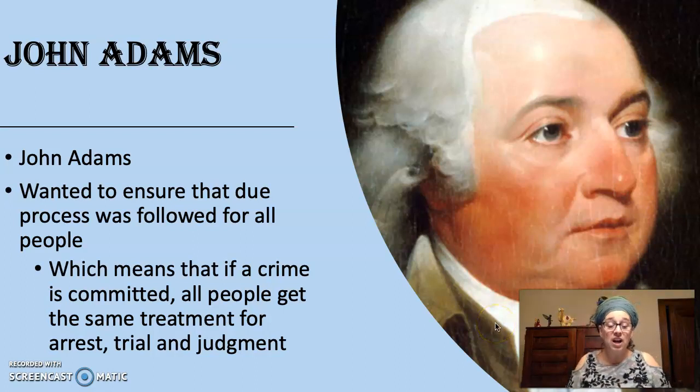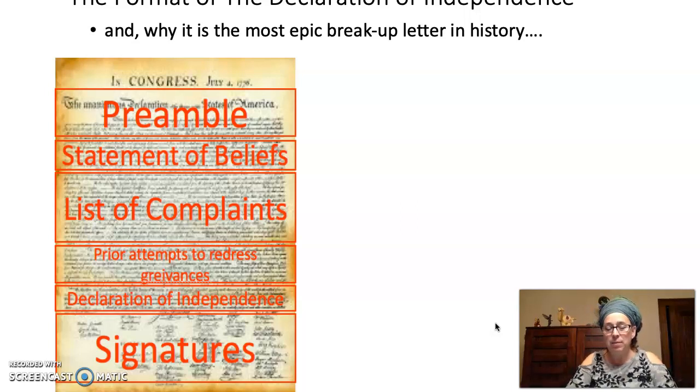So now we're going to talk a little bit about the actual Declaration of Independence. This unit, I want you to be able to feel really familiar with what the Declaration of Independence is, why we have it, how it came about, and why it's important. In this letter, it's like the most epic breakup letter in history.